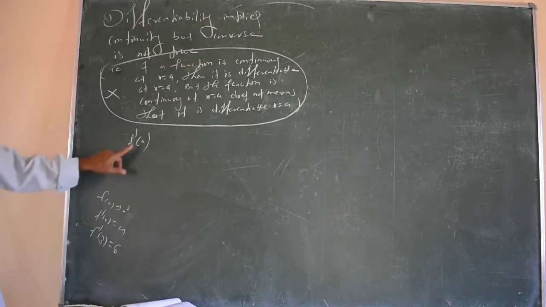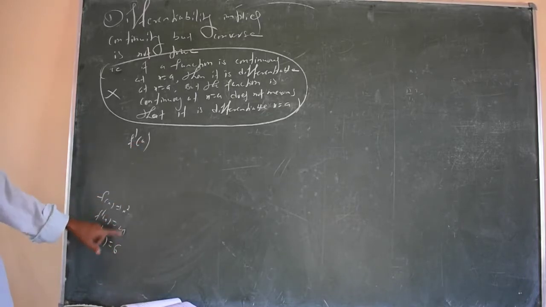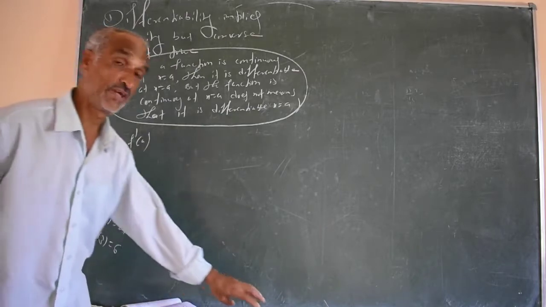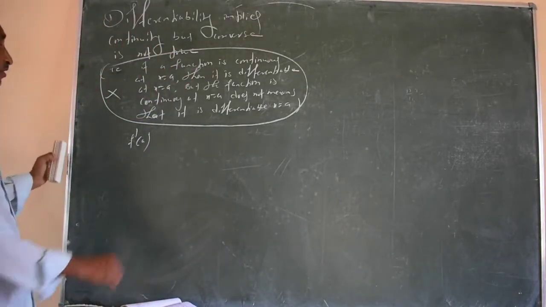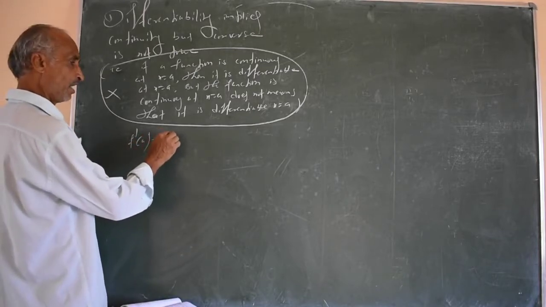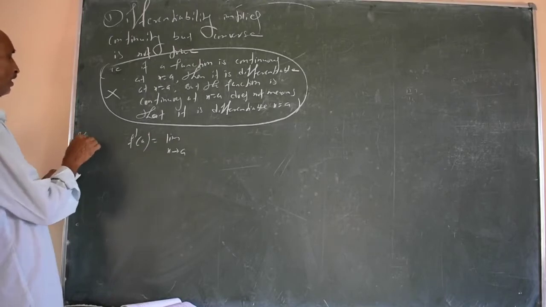Here a is the value of x. We can work out f dash of a directly by the first principle formula, with limit x tends to a.